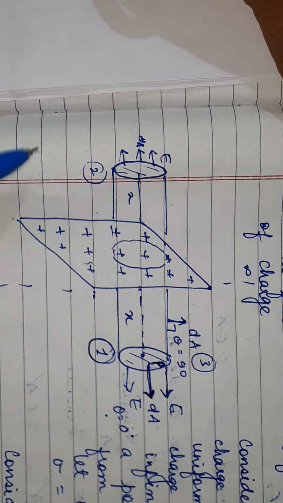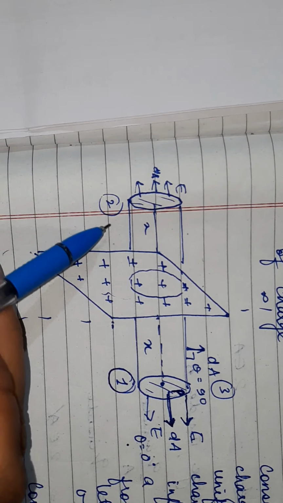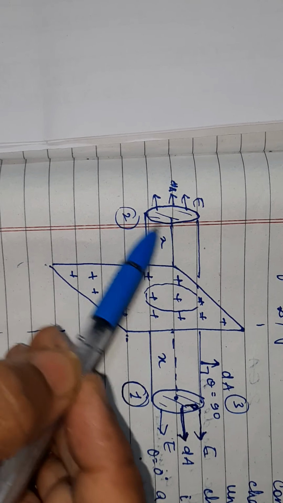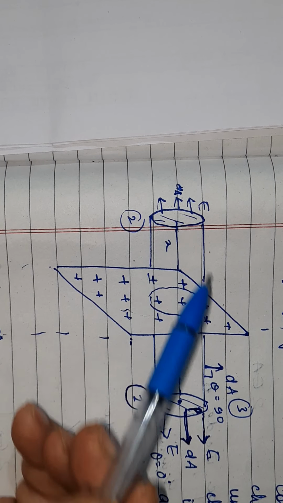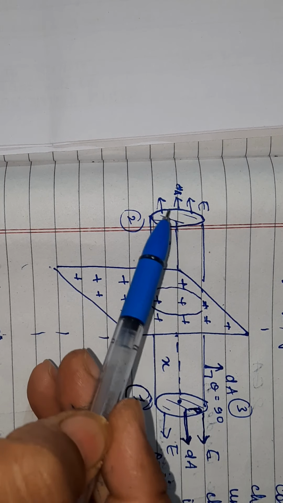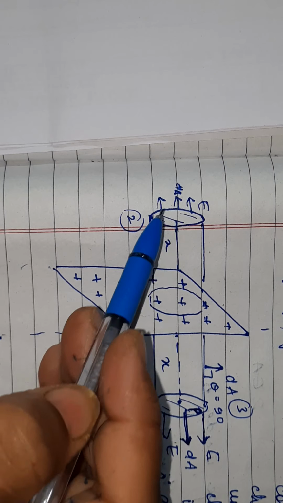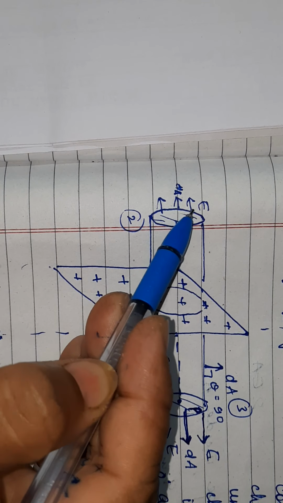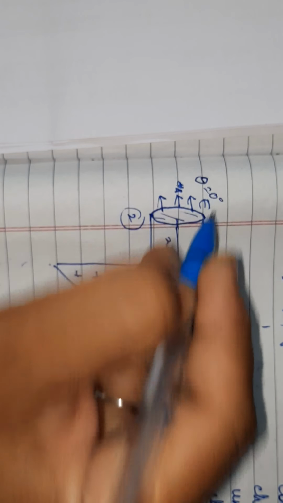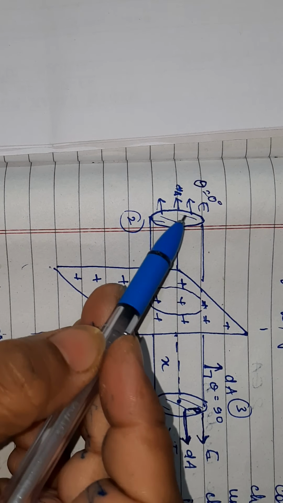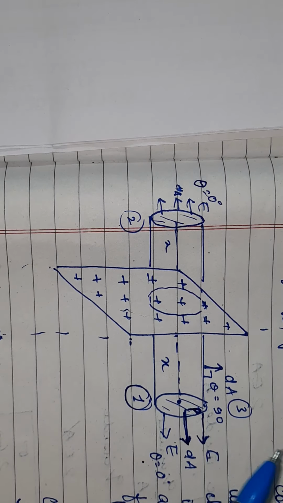Now this is the second area, and the flux through it will be phi 2. Here the electric field is outwards and the area vector is also outwards, so they are parallel, and theta is again 0 degrees.